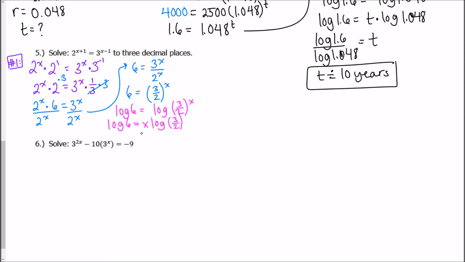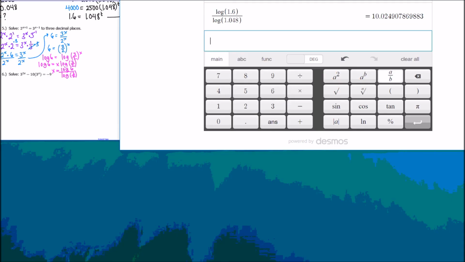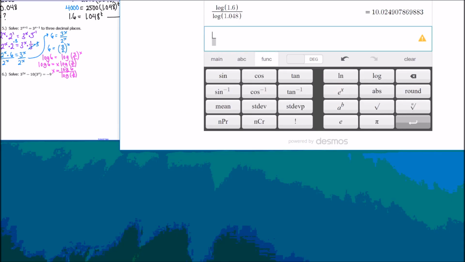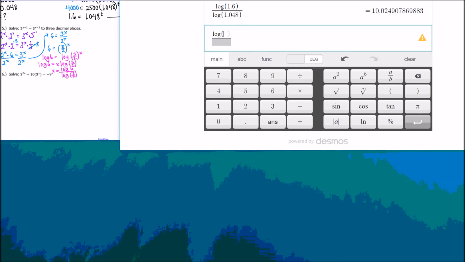Okay, now to get the x alone, I can just say x is plain and simply equal to log of 6 over log of 3 over 2. Okay, so to type this in, I'm going to type in a fraction again. I'm going to go to function, type in log. I want log of 6.